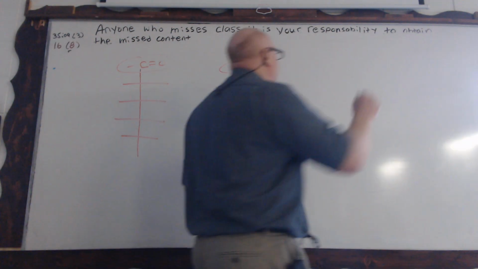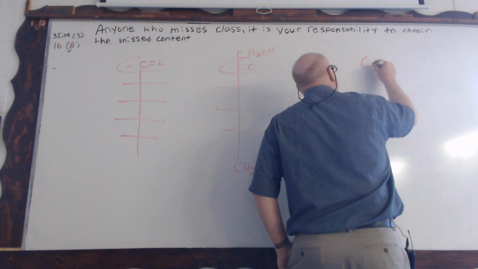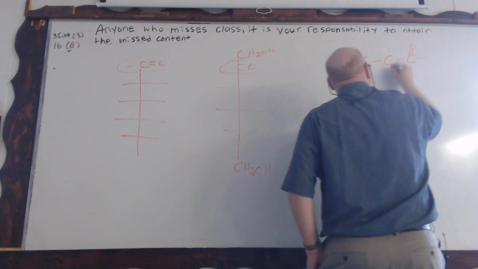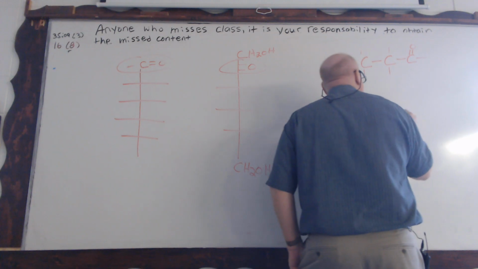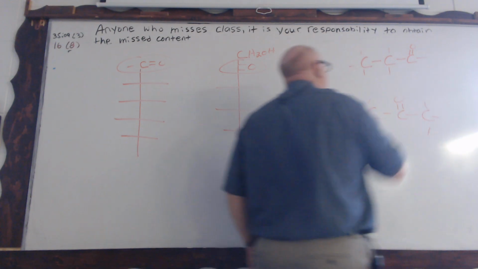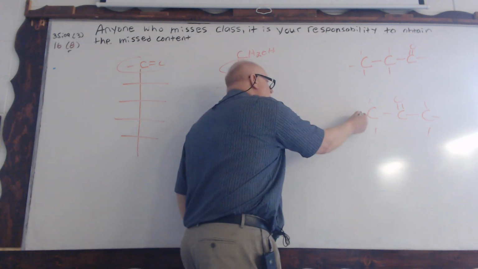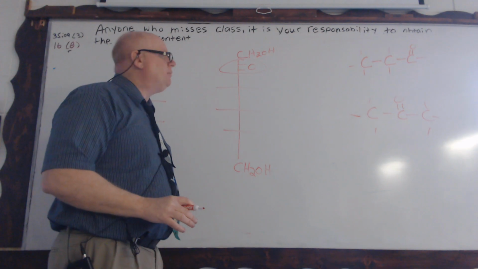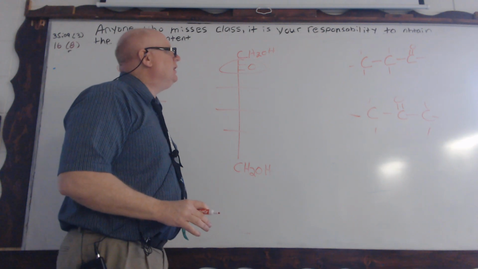Maybe we could look at something like this, and that might give you a little more of a clue. We've got the same concept with these 2 compounds here, providing you can see them. They're a little faint, they're red, but you get the idea.